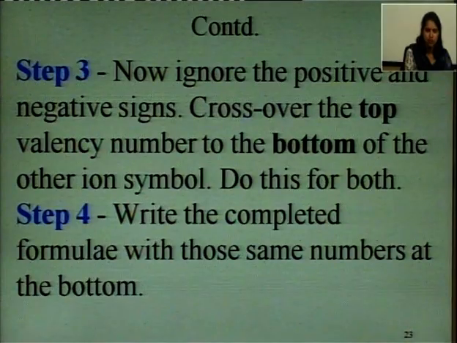Then cross over the top valency number to the bottom of the other ion symbol. Do this for both. This is known as the crisscross method, where you cross the valencies to the right of the symbol. Write the completed formula with those same numbers at the bottom.